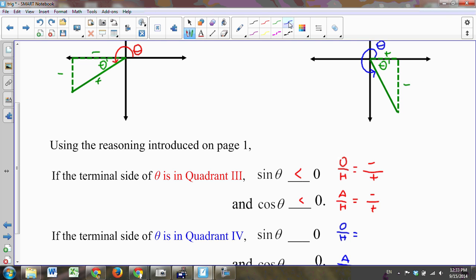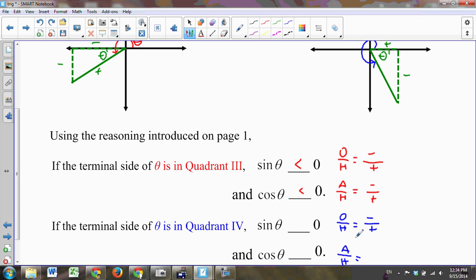So for sine, opposite over hypotenuse, opposite is negative and hypotenuse is always positive, so negative divided by positive is negative. For the cosine, adjacent divided by hypotenuse, the adjacent is positive and the hypotenuse is always positive. So the cosine is going to be positive in the fourth quadrant.